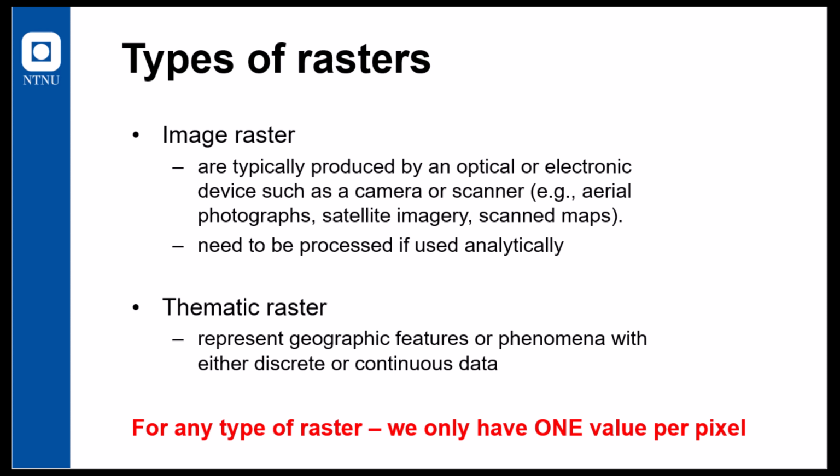The second type of rasters are the thematic rasters. These represent geographical features or phenomena, and we can have either discrete or continuous types of thematic raster. Whatever type of raster you have, we only have one value per pixel.